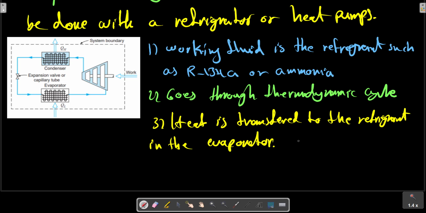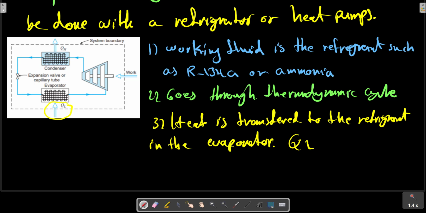It is from the low temperature body and is QL as shown in the picture here, where its pressure and temperature are low.